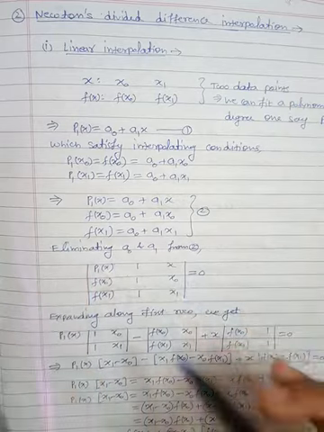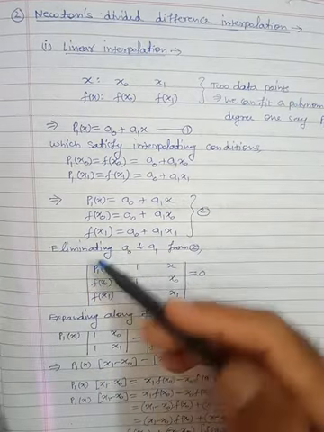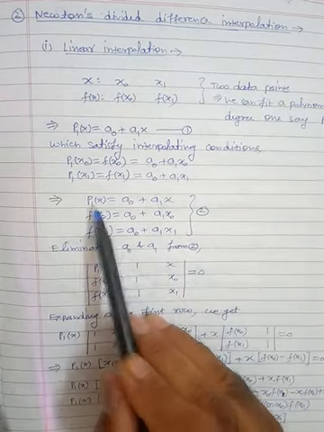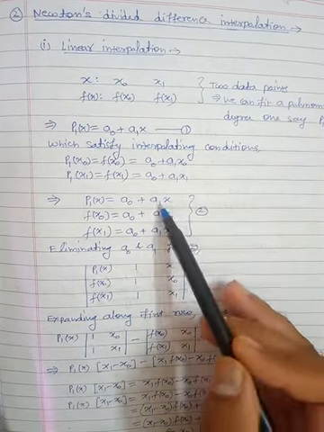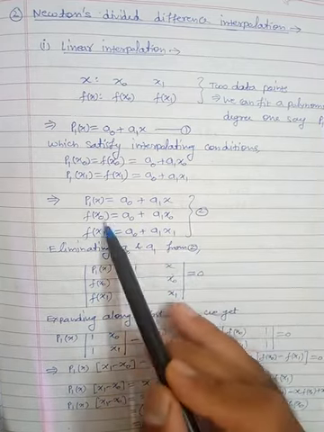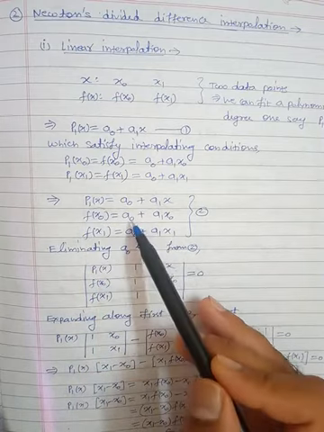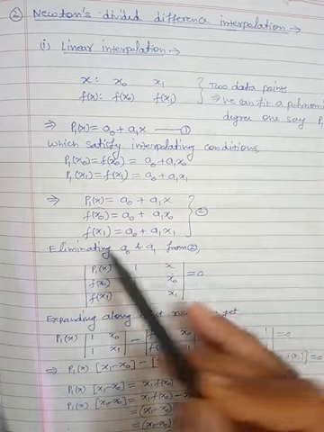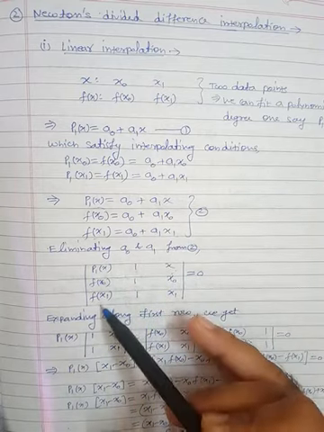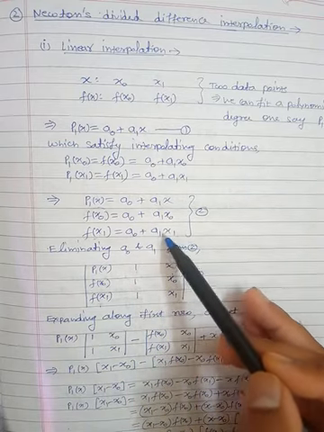So we get this determinant, which we have already discussed in the previous class. For P1(x), the coefficient of a0 is 1, the coefficient of a1 is x. From the second equation, the left hand side is f of x0, the coefficient of a0 is 1, the coefficient of a1 is x0. From the third equation, here is f of x1, the coefficient of a0 is 1, the coefficient of a1 is x1.